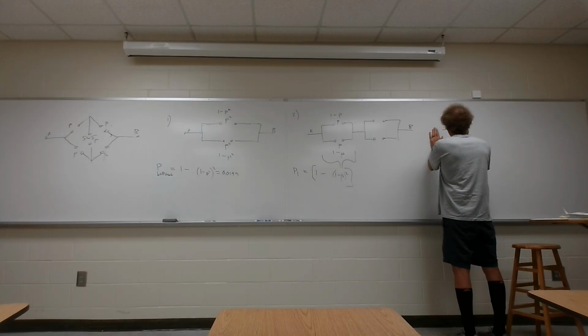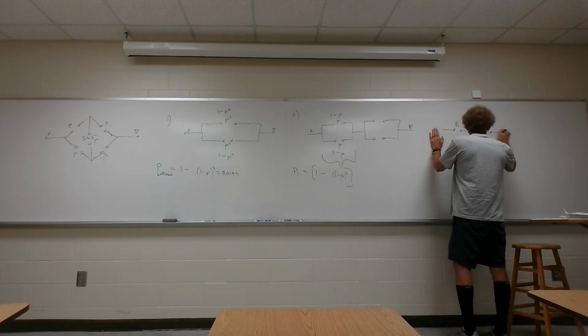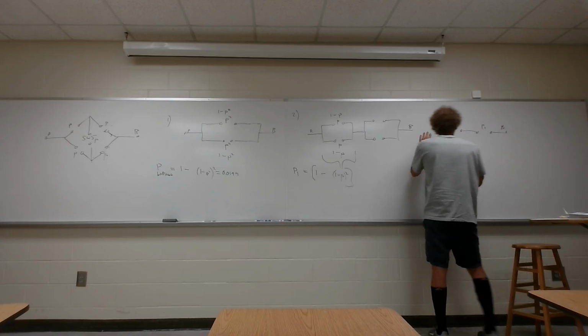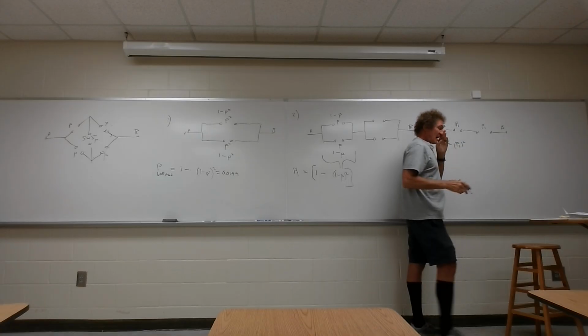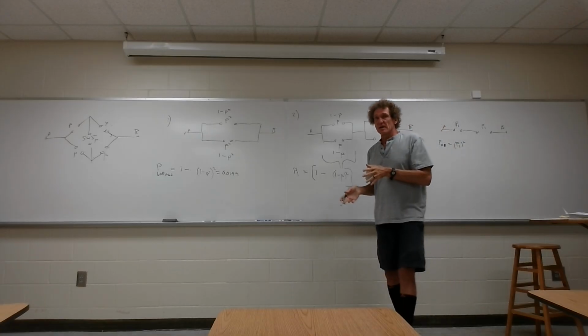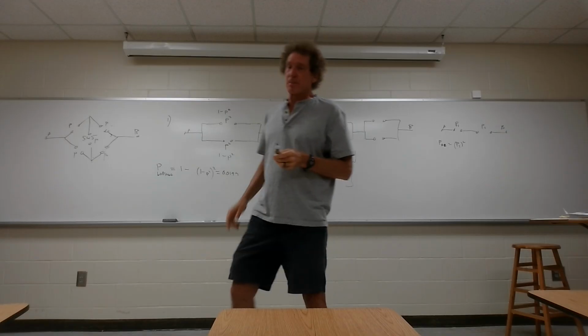I can have something with P1, something with P1, and I want the probability from A to B. By the way, this is of the circuit working. So the probability the circuit works, or AB has a conducting path, is just going to be equal to P1 squared. I've got to make sure everybody agrees with that. There's no problem in understanding it.